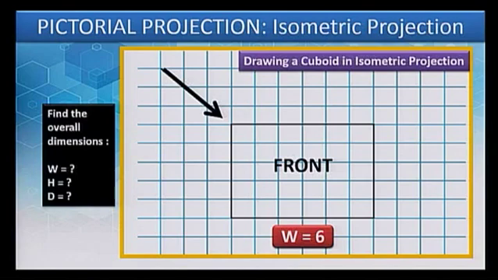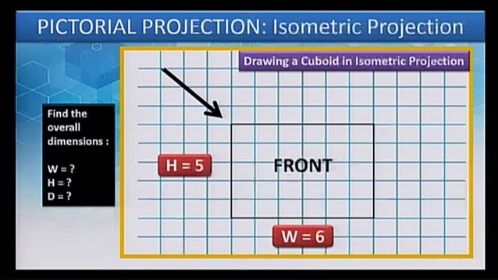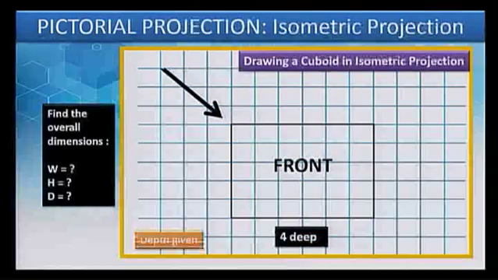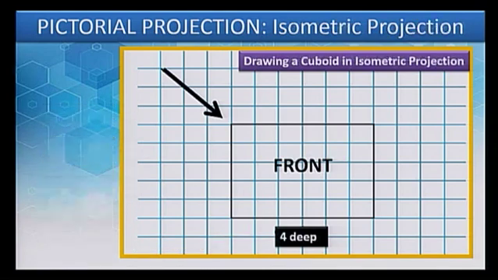The width is along the horizontal line, and here it is 6. The height along the vertical line, and here the height is 5. The depth D is 4, and the information has been given to you, 4D.